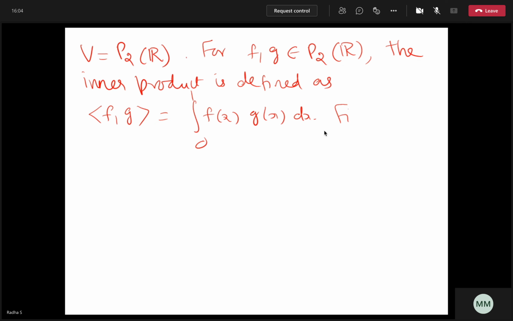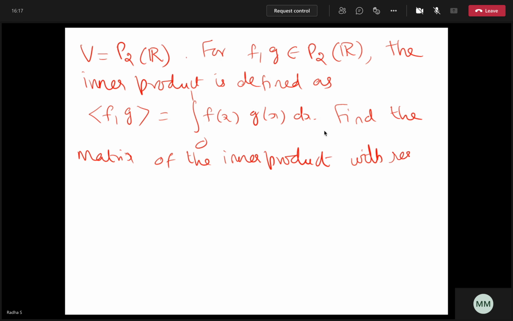Okay. Question is, find the matrix of the inner product with respect to the standard basis. A matrix is always with respect to some basis, otherwise meaningless, right? With respect to the standard basis.